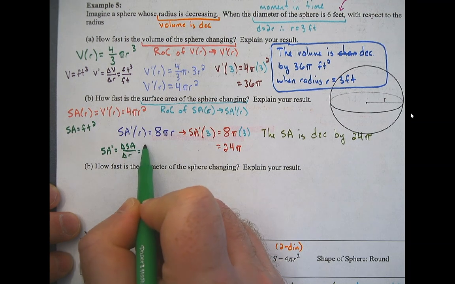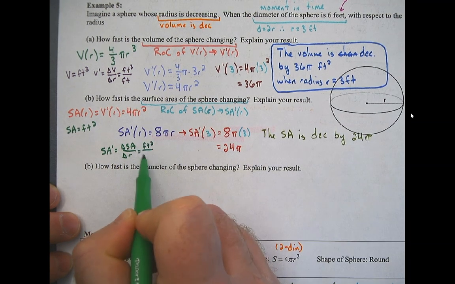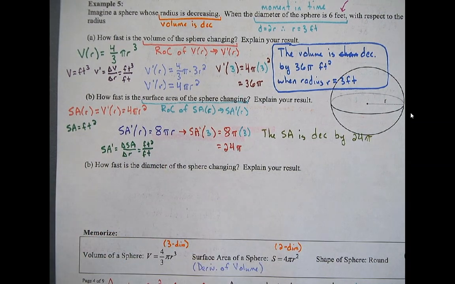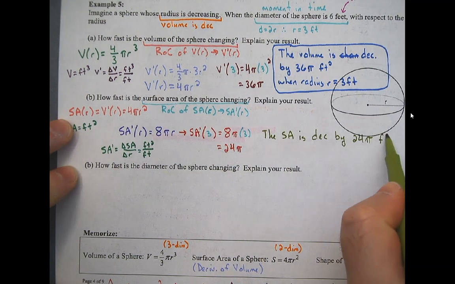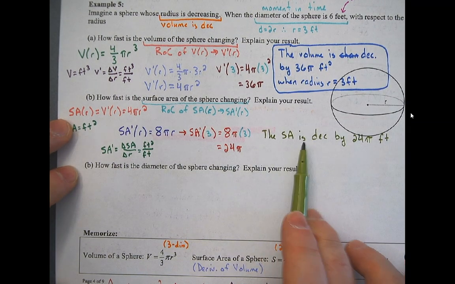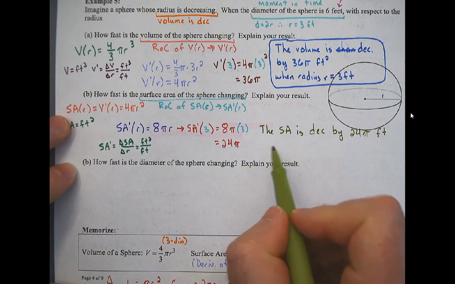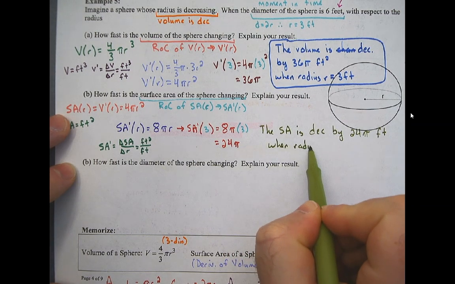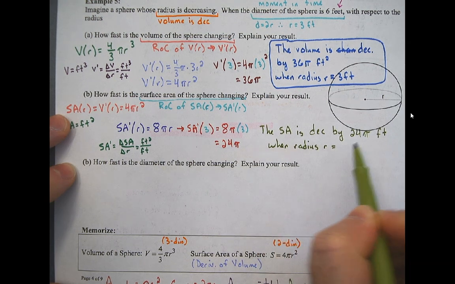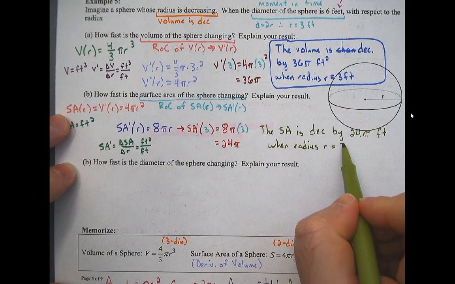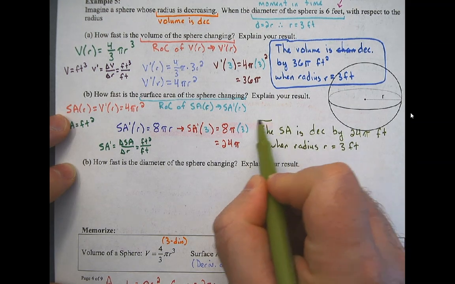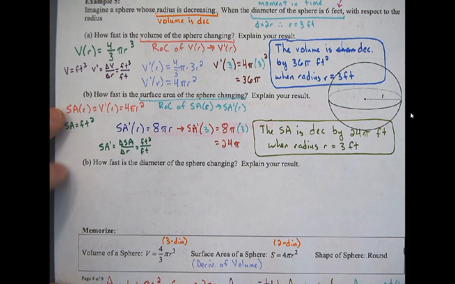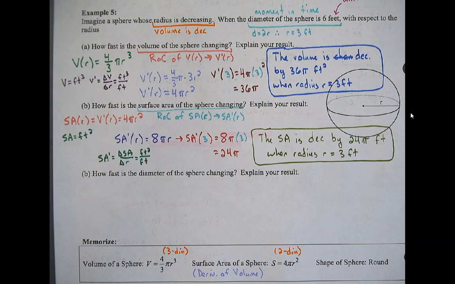So surface area is changing by feet squared, radius is changing by feet, so those cancel out, and our unit would be feet. The surface area is decreasing by 24 pi feet when, here's our moment in time, radius r equals 3 feet. I wonder if I should actually be saying diameter d is equal to 6 feet, but I'm not going to worry too much about that.